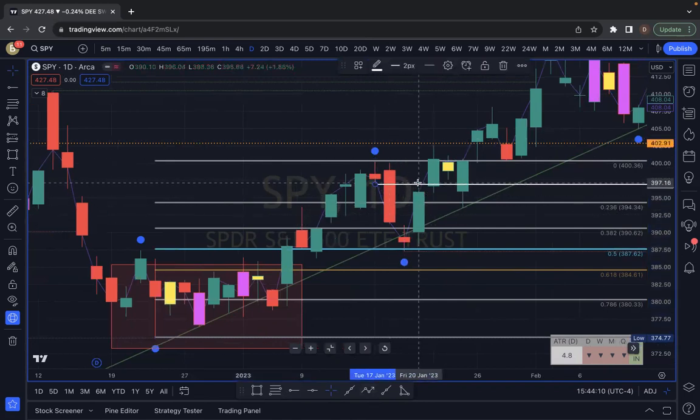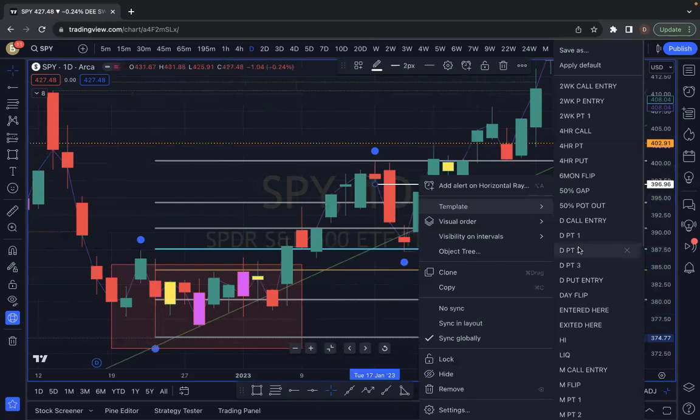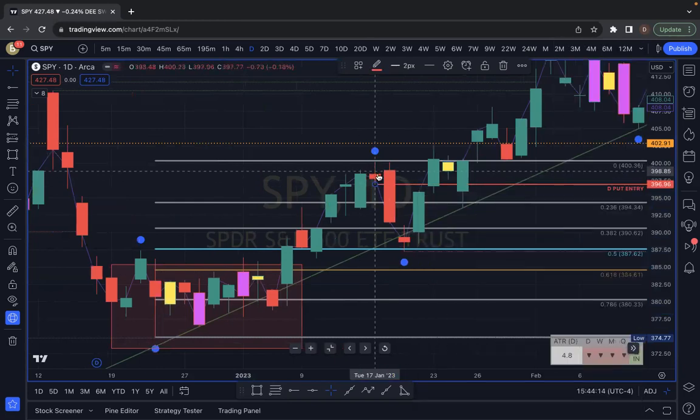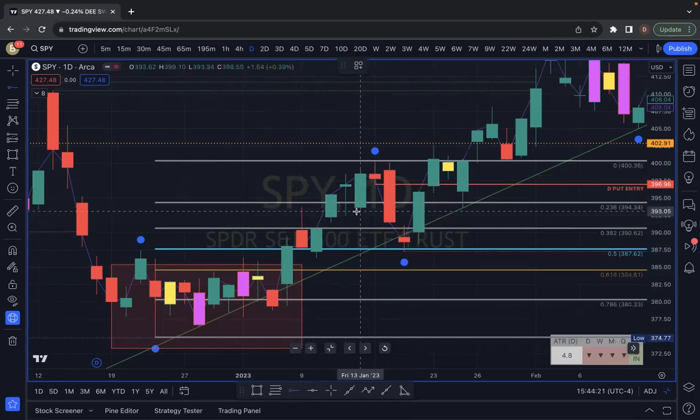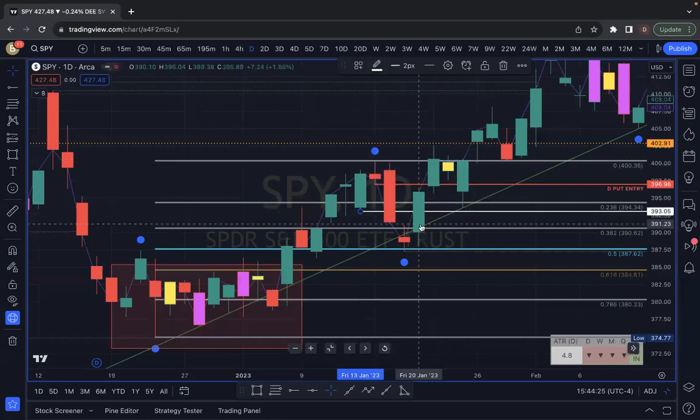I would be thinking this is a put entry. And if it confirms, if we go 2 down, this would be my immediate target right here. That would be my immediate target if I was trying to short this.